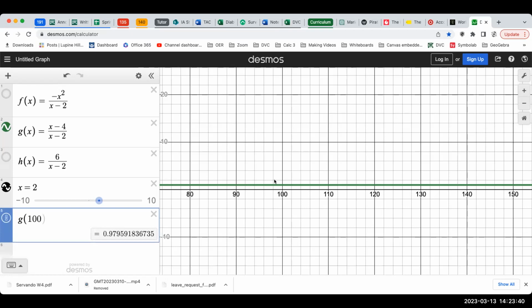See, if I plug in 100, y is about 0.98. If I plug in 1,000, that y value is getting close to 0.99. And if I just keep making x bigger and bigger and bigger, it's eventually approaching the y value 1.